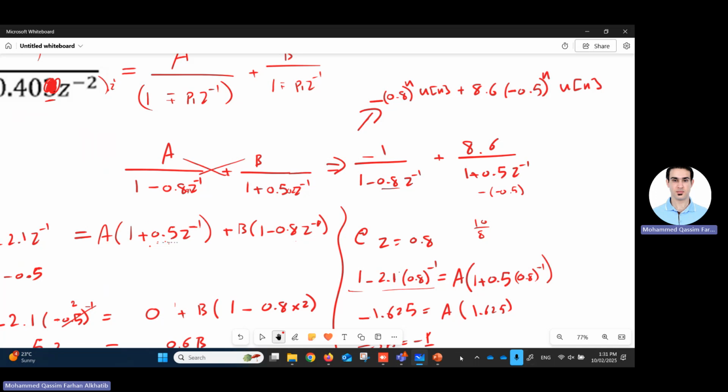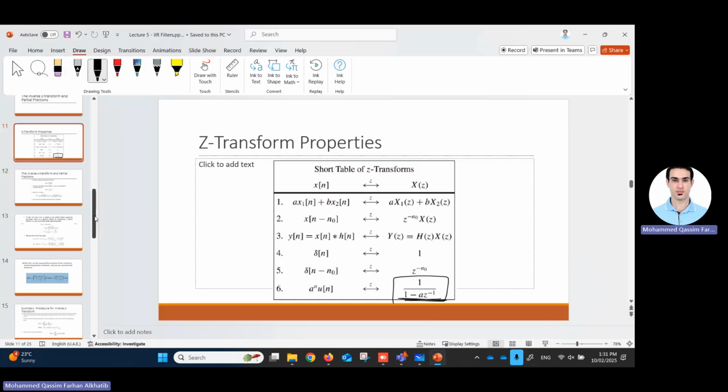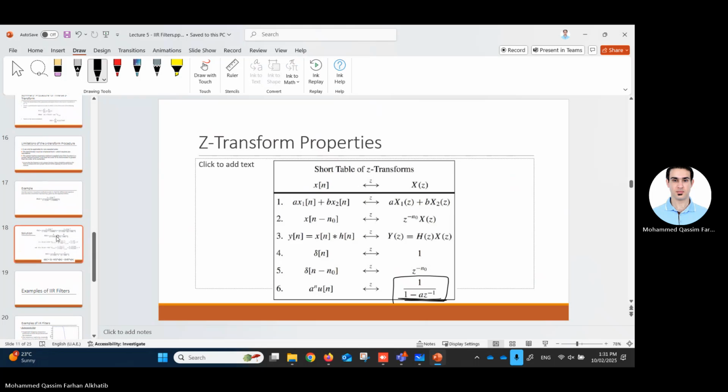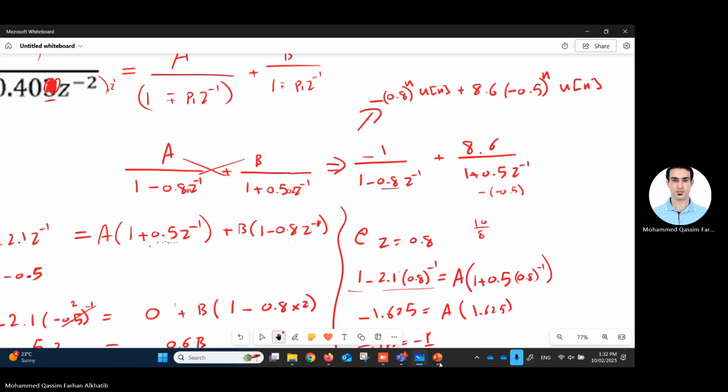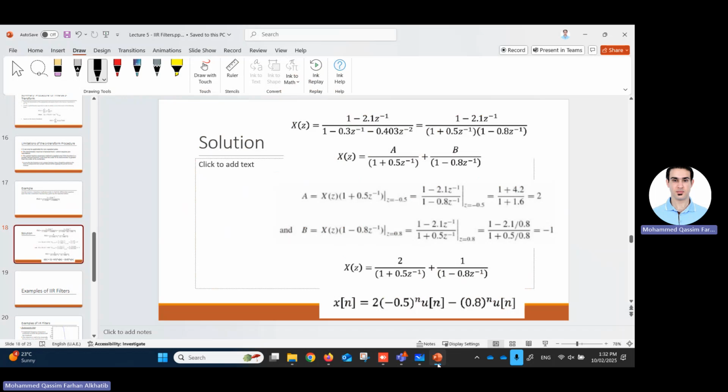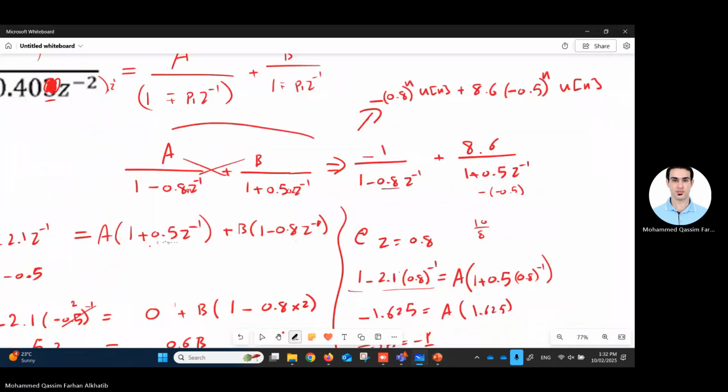Okay. I believe the question is solved in the slides, hopefully. Something is wrong. You gave me wrong coefficients. A should be 2, or B. Okay, let's at least look here. A (1 plus 0.5 z negative 1), or 0.8 plus 0.5. Okay, so my expressions here are correct. This is correct.